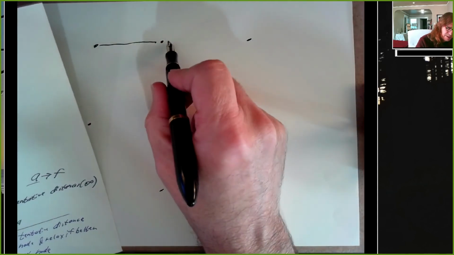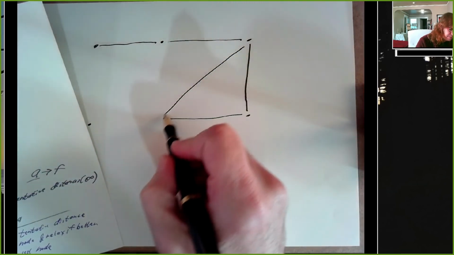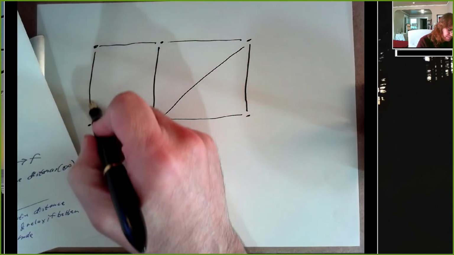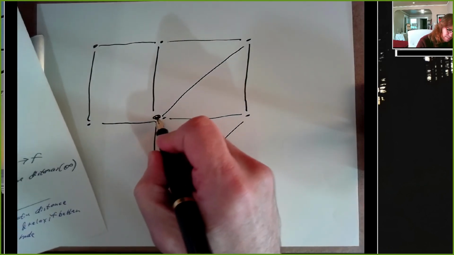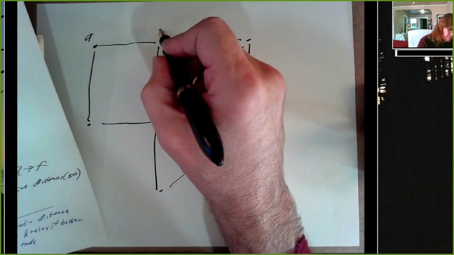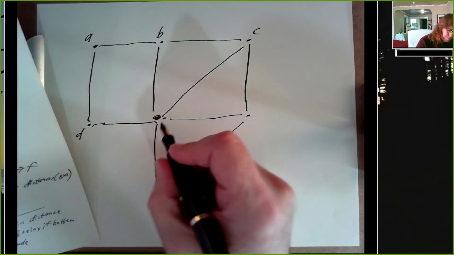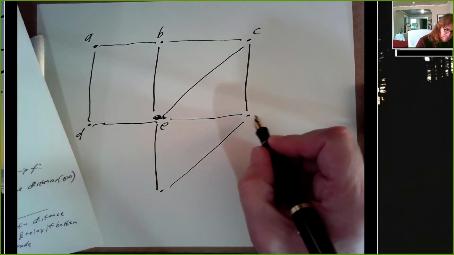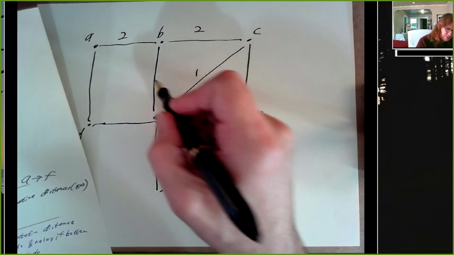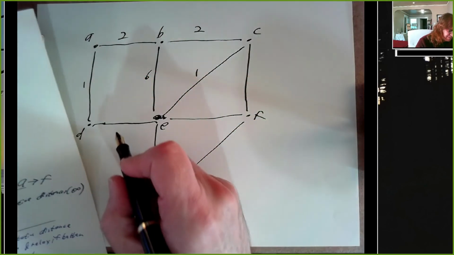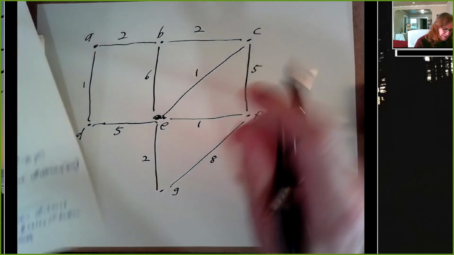So there's an edge, edge, edge, edge, edge. And then some weights, 2, 2, 1, 6, 1, 5, 1, 2, 8, and 5.